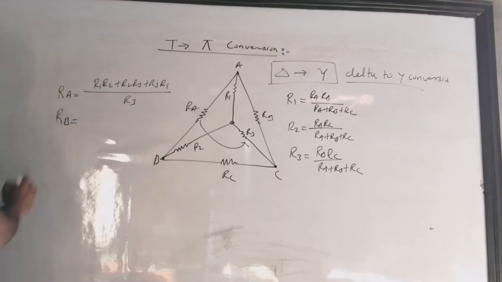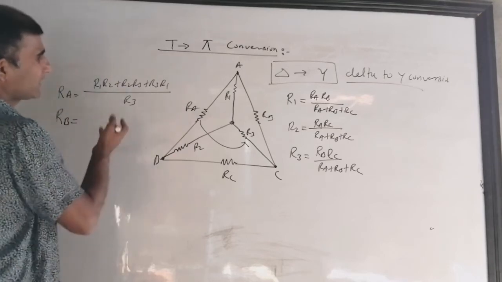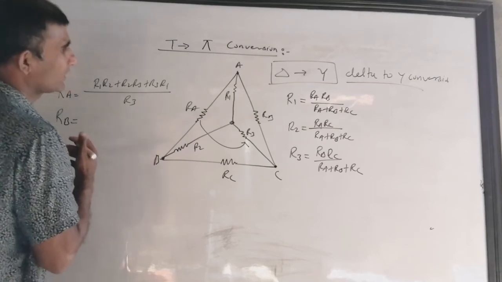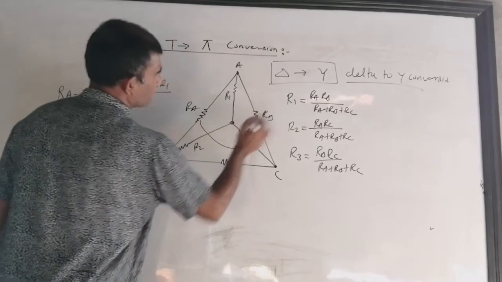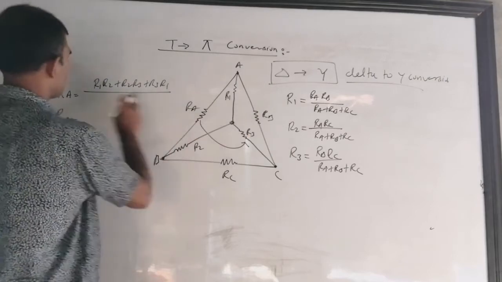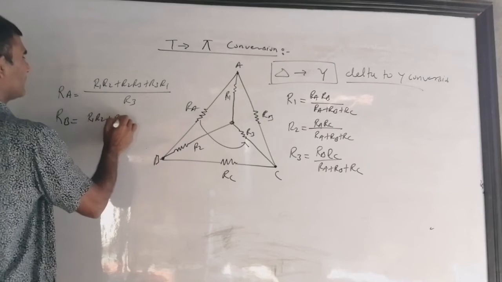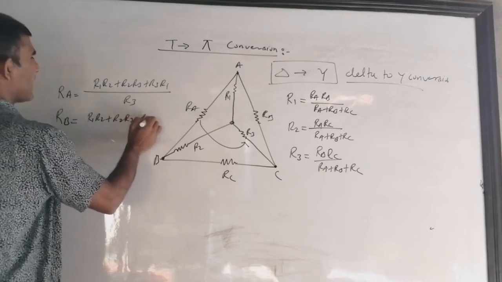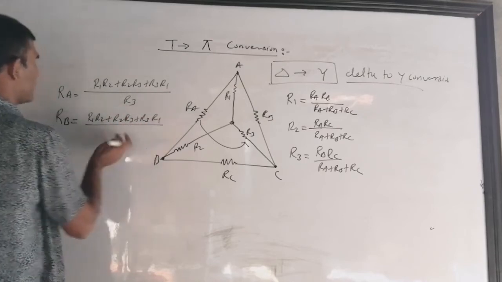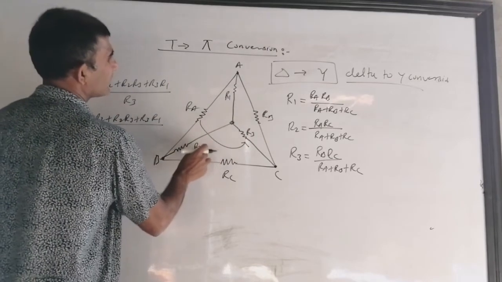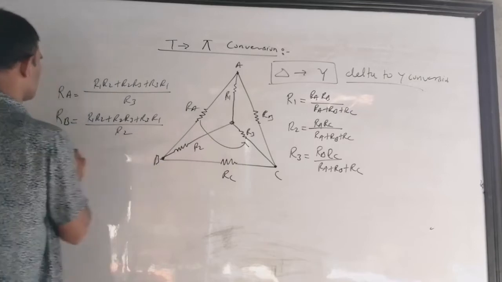And what will be RB? Tell me. Same technique. Check this. RB, again the same sum of product: R1, R2, R2, R3, R3, R1, divided by the opposite. What is opposite to RB? That's R2.